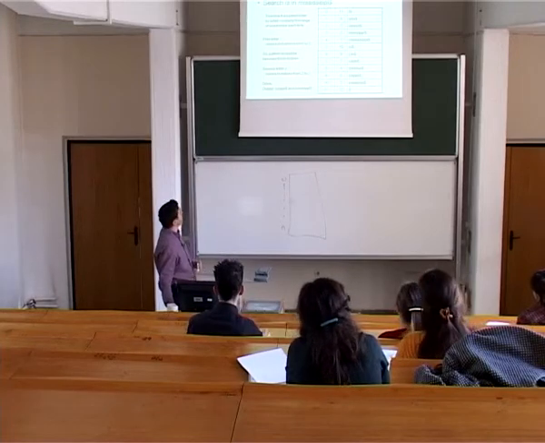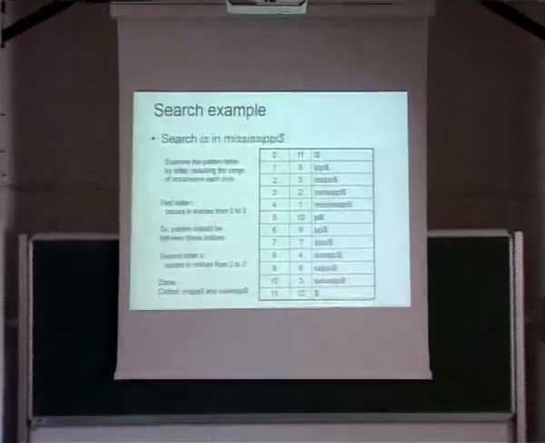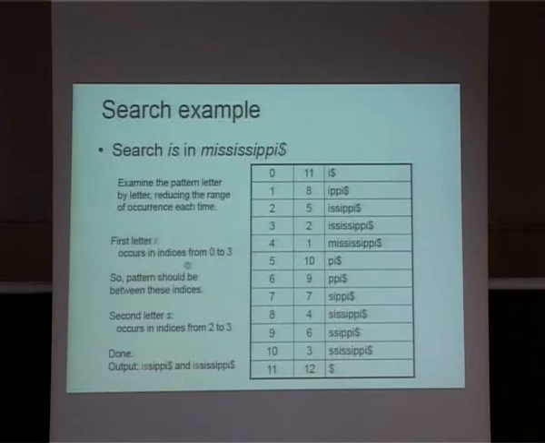Here's an example to search for is in Mississippi. We first start with letter I, and by using binary search, we find that letter I occurs within the indices 0 to 2. So the pattern should be within these indices.